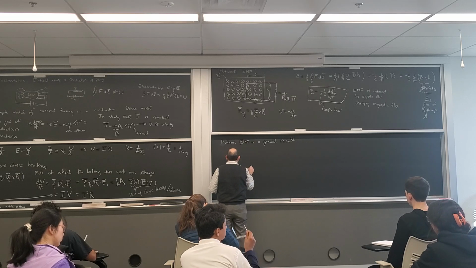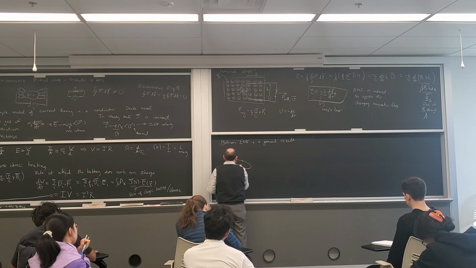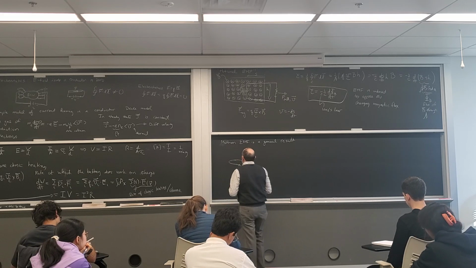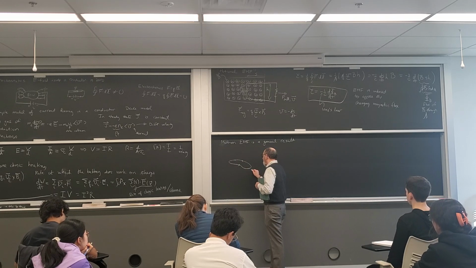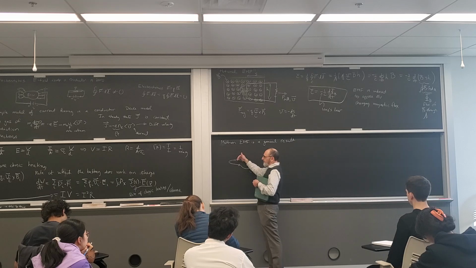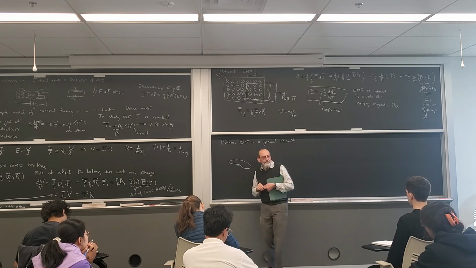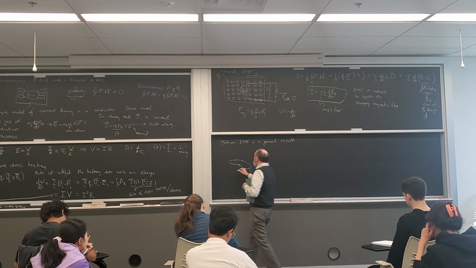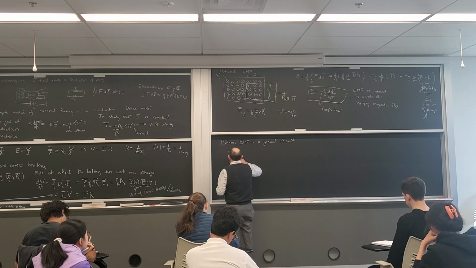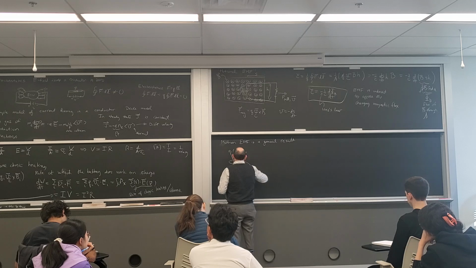Let's say I have some loop with some orientation that I've chosen for it. Okay, so there's some contour. I can think about this as a physical loop of wire, but in a moment we won't. And it's moving through some non-uniform magnetic field.